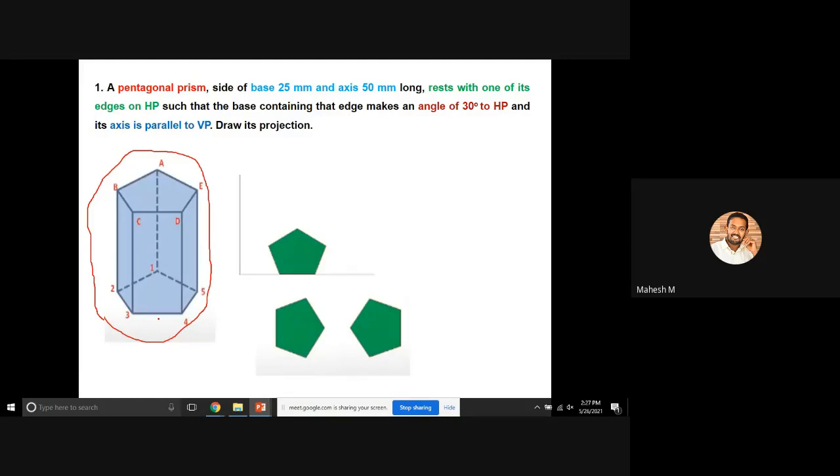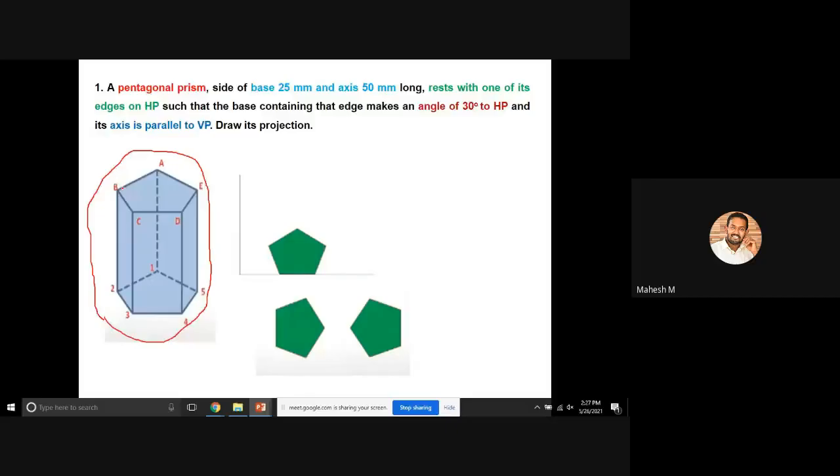You'll be having two pentagonal planes, one at the top surface and another one at the bottom surface. So it is having a height value. So this is our height value, the height of this prism.